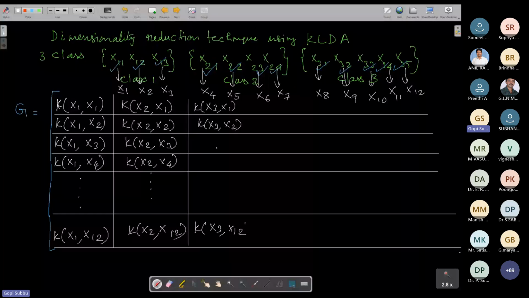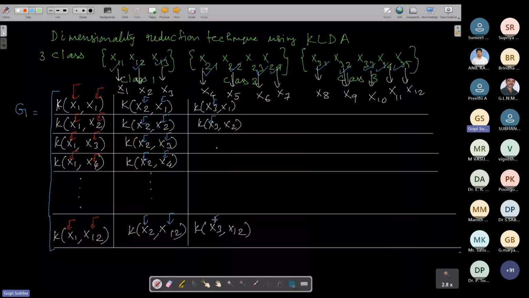So we are keeping the first vector fixed, x1 everywhere, and the second vector we are changing, x1, x2, x3, x4 like that, and computing the kernel function. Similarly here we keep the first vector fixed, x2 everywhere, and the second vector goes 1, 2, 3, 4 and so on up to x12. And similarly here you fix x3 and change x1, x2 and so on up to x12, right?